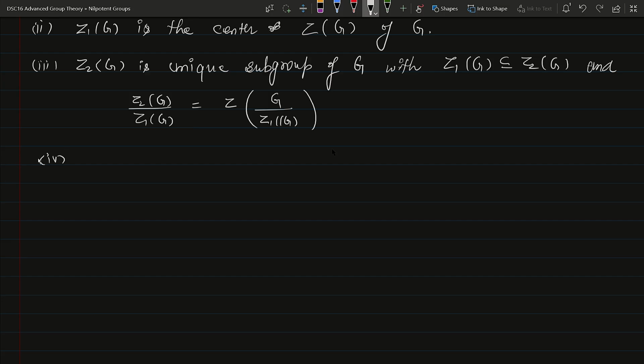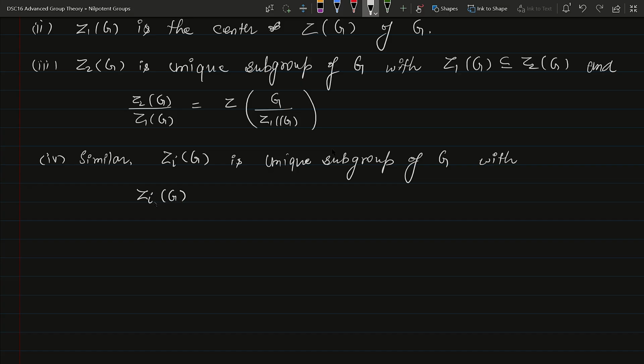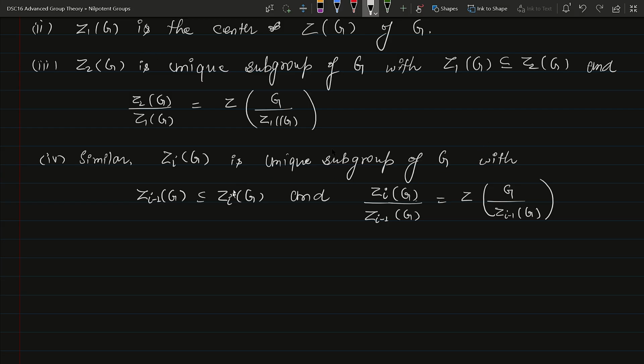Let us define in general for any Zi(G): Zi(G) is the unique subgroup of G with Z(i-1)(G) contained in Zi(G), and the quotient group Zi(G) over Z(i-1)(G) is equal to the center of G over Z(i-1)(G). So each part of this ascending series follows this kind of rule.